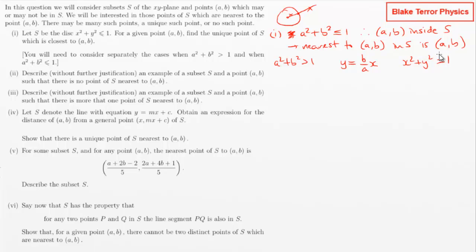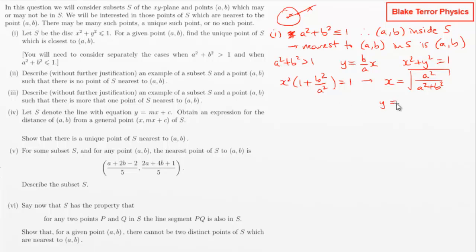So we want to have where those two things intersect. That's going to give us x squared times 1 plus b squared over a squared equals 1. So we're getting that x is going to be equal to the square root of a squared over a squared plus b squared. So that's that bit.